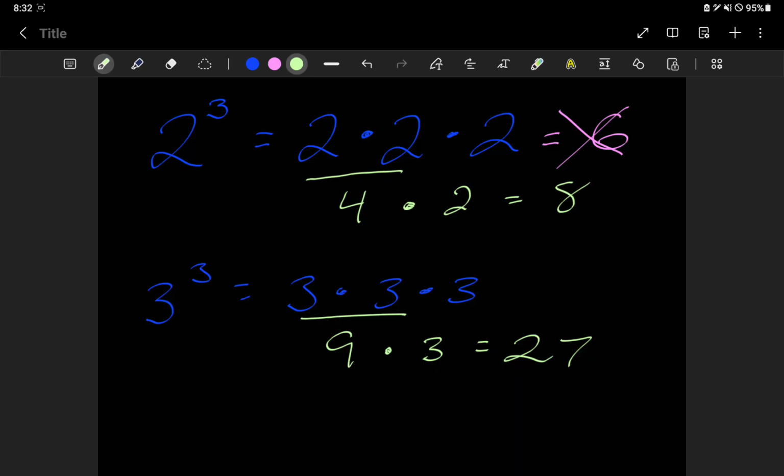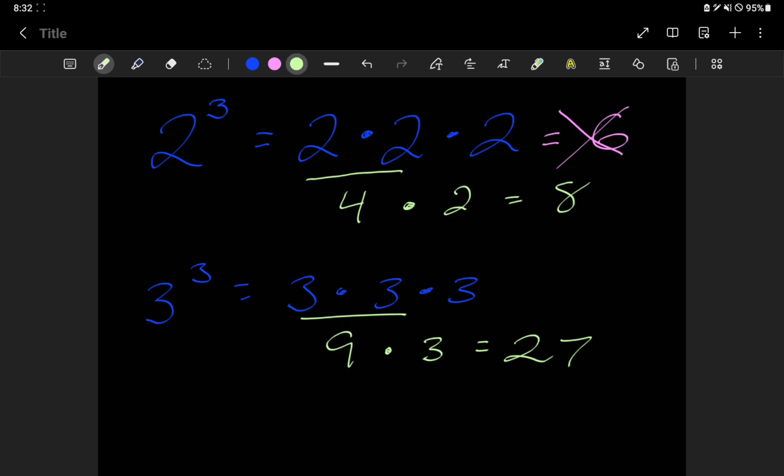Alright, and that's all the lesson that yesterday was about. Okay, we were literally just multiplying. Okay, I know some of you had trouble with it, but that's all we were doing.